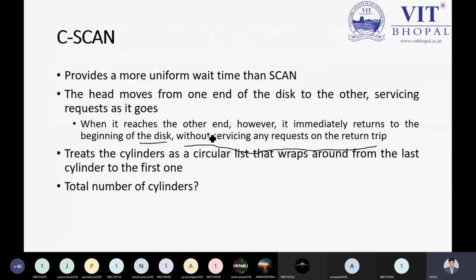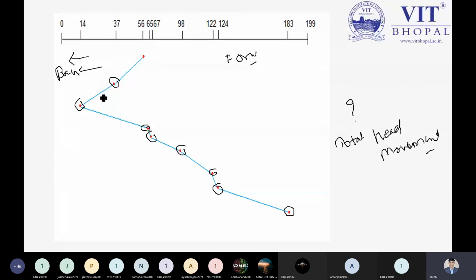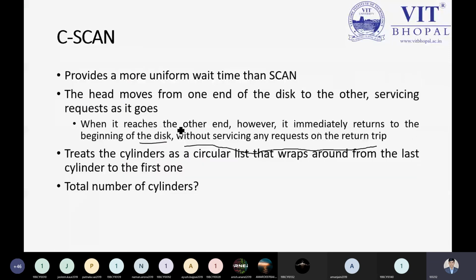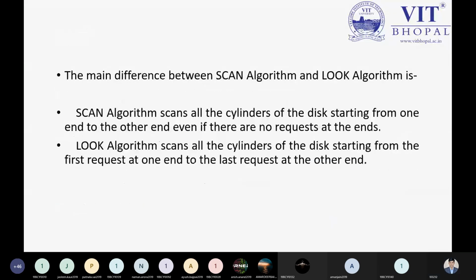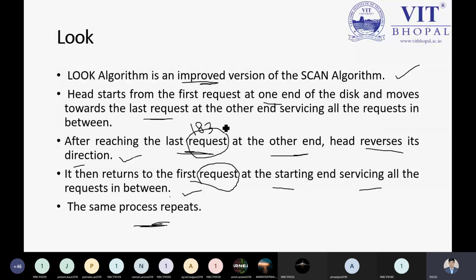But in the case of the C-SCAN or SCAN, we need to talk about the other end, and we discuss the beginning part. But in LOOK, we will not go through this part. So this is what we have in LOOK.